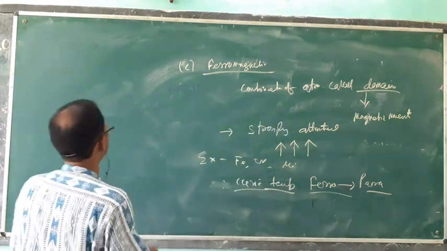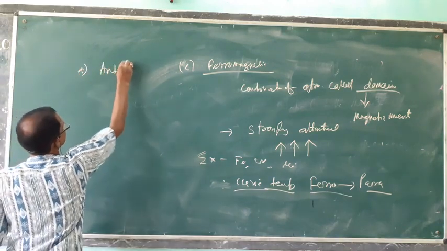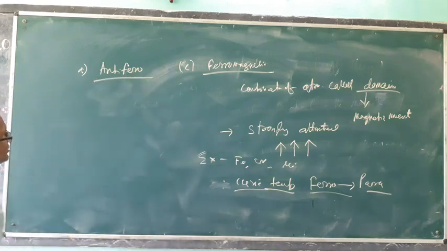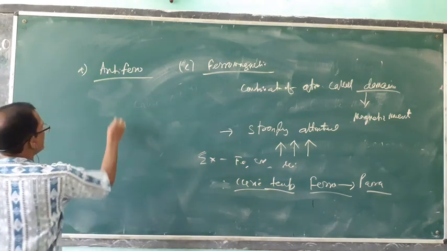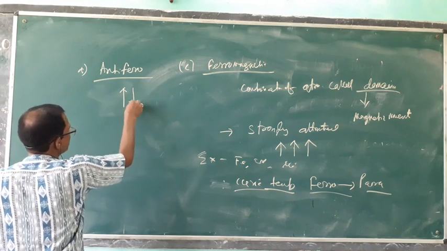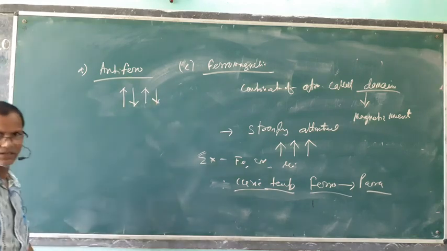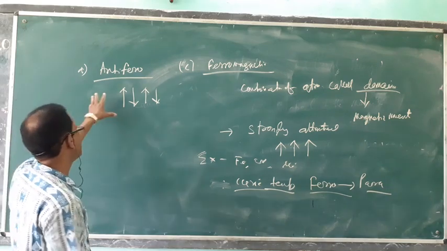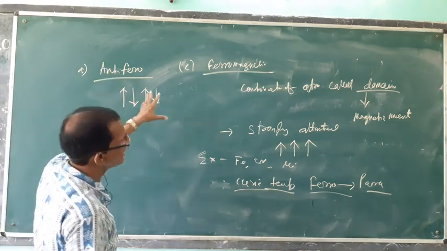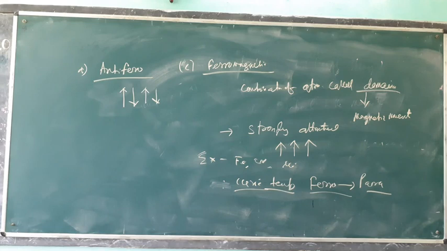Then another type of magnetic substance is antiferromagnetic. Antiferromagnetic substance means the magnetic moments produced by the domains are aligned in opposite manner, so that they cancel each other and lose the magnetic property.